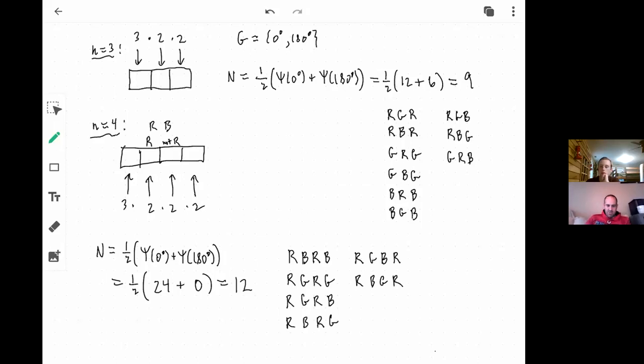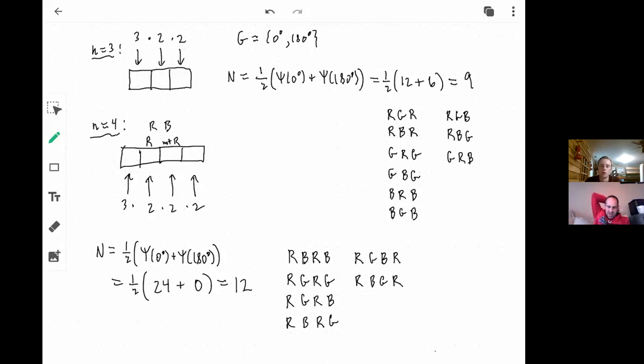If I put red in positions 1 and 3, there's no way that under 180-degree rotation I'm going to have red in the last slot. If I rotate these first 4, I'm going to have red in the last slot and red in the second slot, which there's no way that's going to be a repeat. Does that make sense? Yeah, that makes sense.